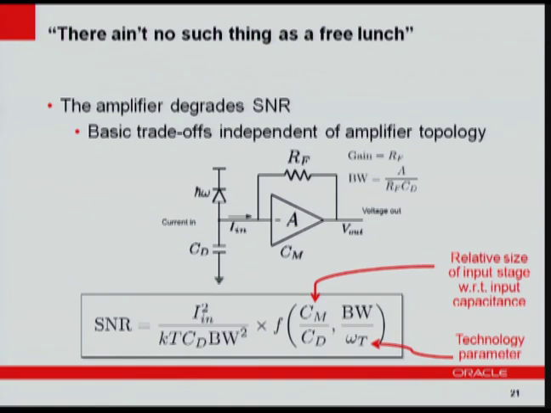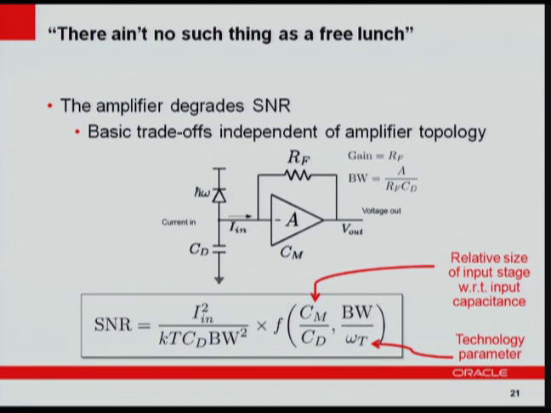What happens to the SNR in this case? Well, here's our friend, which I would like you to remember. That has not changed very much in terms of the SNR. And here I just put some arbitrary function; I'll show you later what that looks like. That depends on certain tuning knobs of this circuit. Cm here is a parameter to indicate the size of the input stage, the input capacitance, if you will.